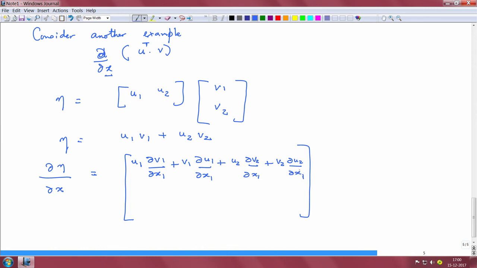So just carefully observe that I kept this x1 fixed throughout in the derivative. I assumed this form. So this is basically the denominator layout.